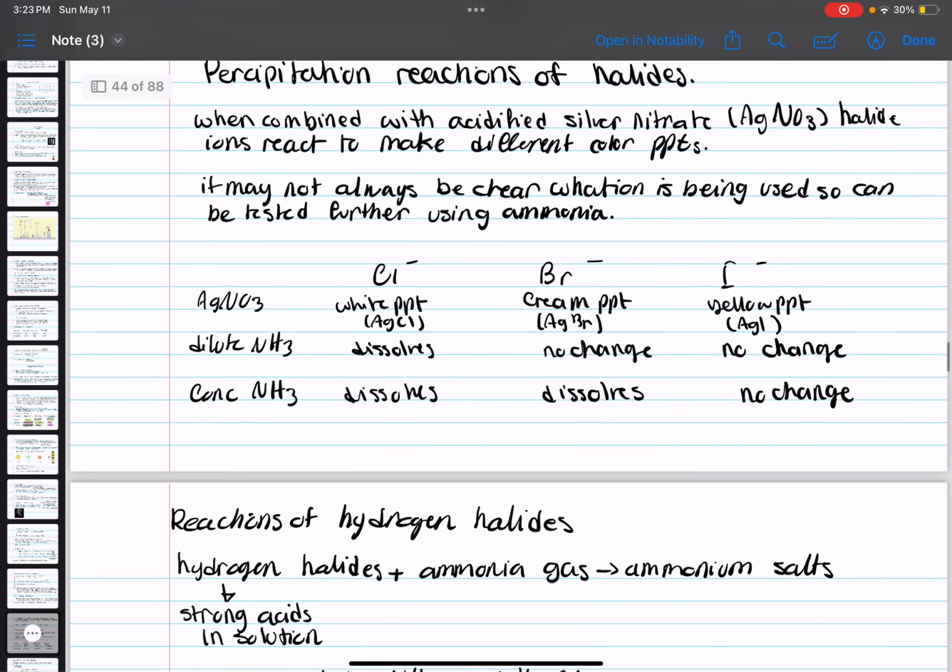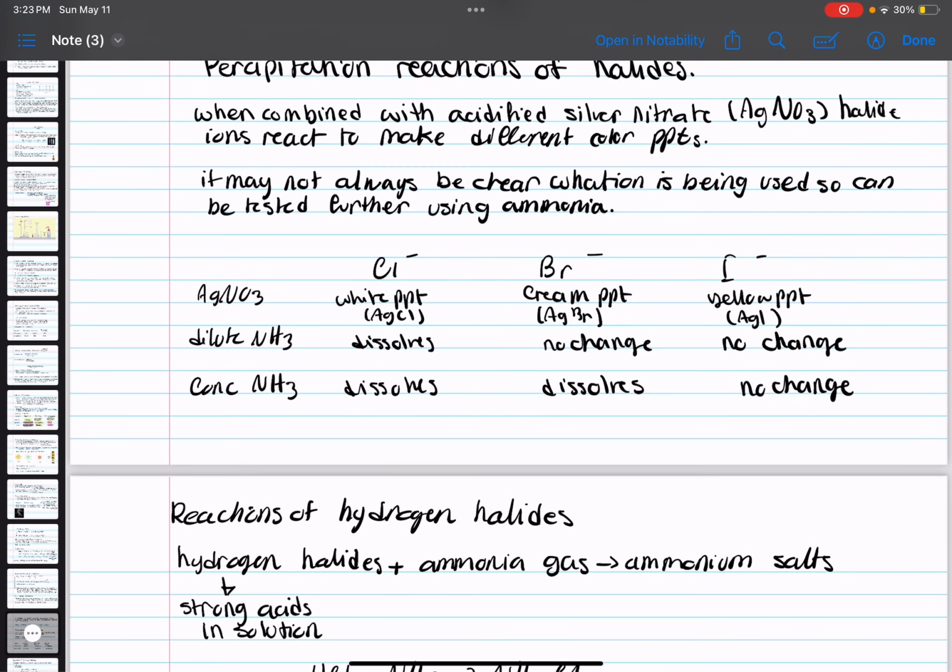If you add silver nitrate to Cl-, you get white, to Br- you get cream, and to I- you get a yellow precipitate. If you add dilute NH3, AgCl dissolves, AgBr doesn't change, and AgI doesn't change. If you add concentrated ammonia, AgCl still dissolves, AgBr dissolves, but AgI does not change.